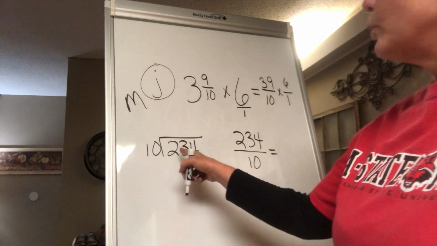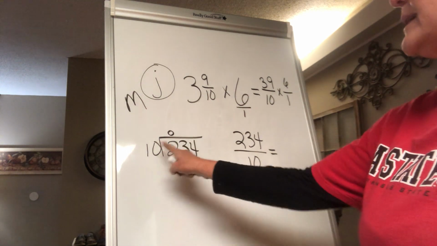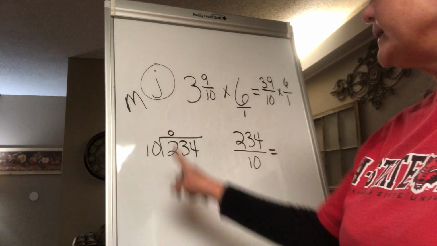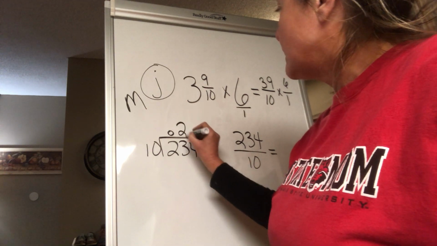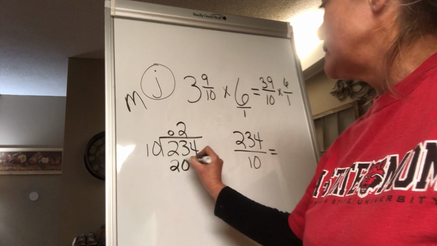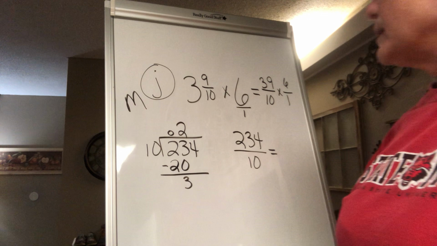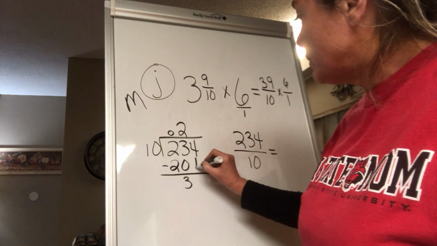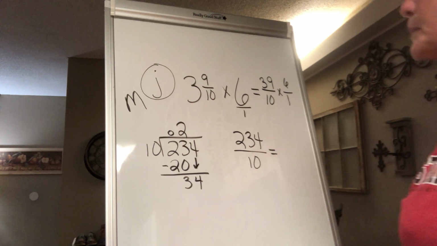Well, I know 10 won't go into 2, so I placeholder 0. 10 will go into 23. 10 goes into 23 2 times. 2 times 10 is 20, and then I subtract, and I get 3. On this one, I do have a number to bring down, so I bring down the 4.